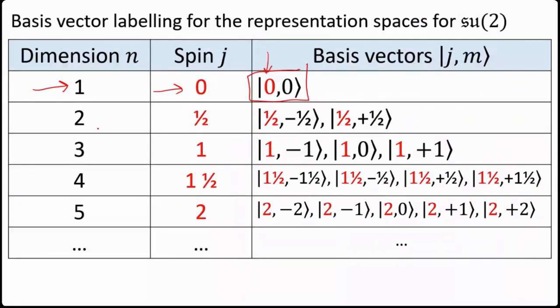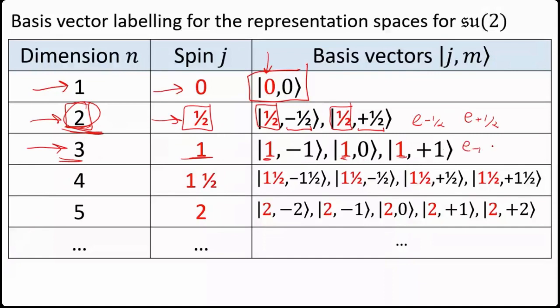In the two-dimensional representation, which is spin 1/2, we have two basis vectors, labeled -1/2 and +1/2, like E -1/2 and E +1/2 for our two-dimensional space. In the third dimension, that's spin 1, so we've labeled them all with 1, and the basis vectors are -1, 0, and 1, which we've written here.